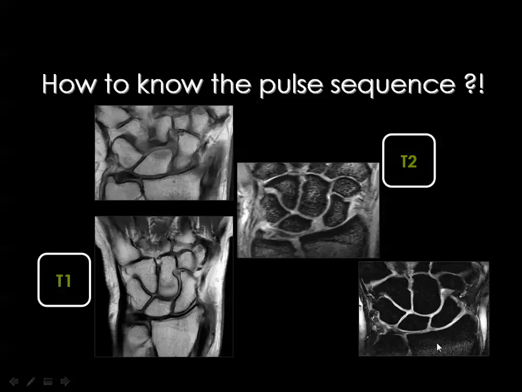And you should know also that the T2, the gradient, and the STIR images all belong to the T2 weighted image, meaning that the fluid will appear black in the T1 and bright in the T2 weighted images. Fluid will appear bright here also and bright here in the STIR images.